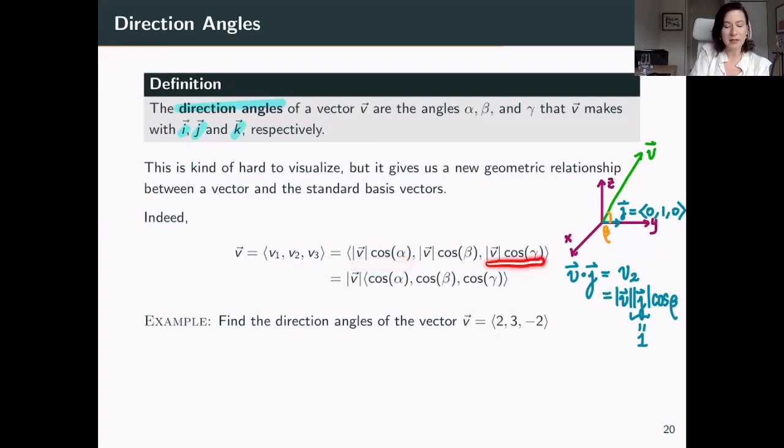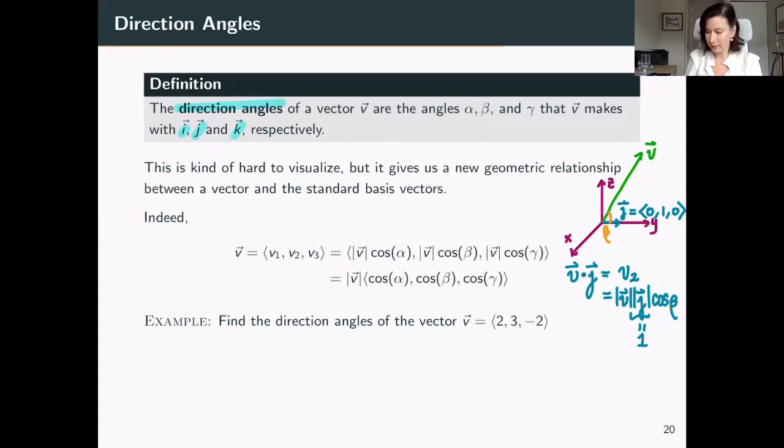And lastly, for v3, the magnitude of v times cosine of gamma. We can note that v's magnitude is a constant. We can pull it outside as a scalar, leaving us with a secondary interpretation of v in terms of the direction angles of v.